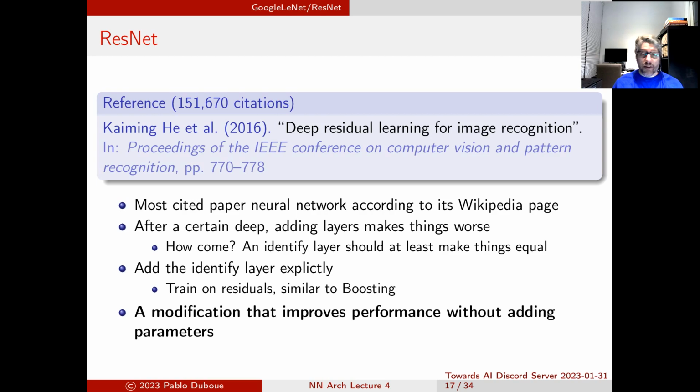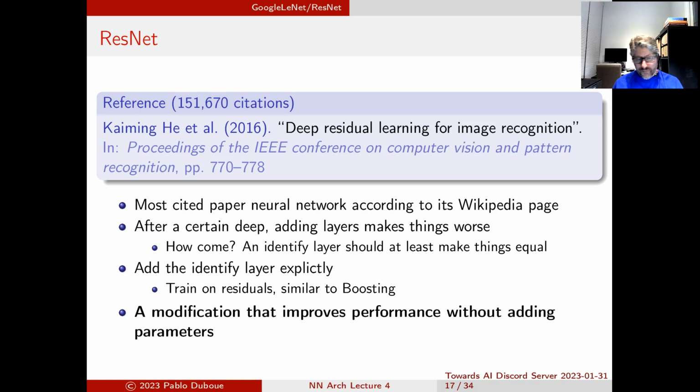And what they say is, well, we do know that at that time, adding more layers at some moments started making things worse. But how come it would make things worse? We know that an identity layer should make things equal.